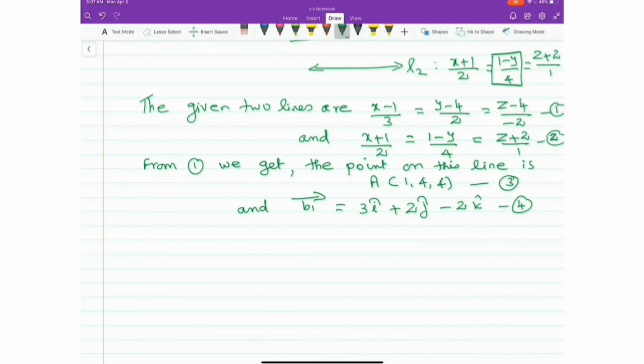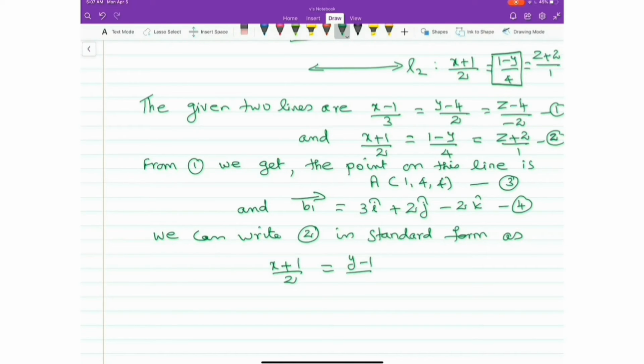Now, we can write the equation of the line 2 in standard form as (x plus 1) by 2, which is equal to, multiplying the numerator and denominator by minus 1, I will be getting (y minus 1) by minus 4 is equal to (z plus 2) by 1.